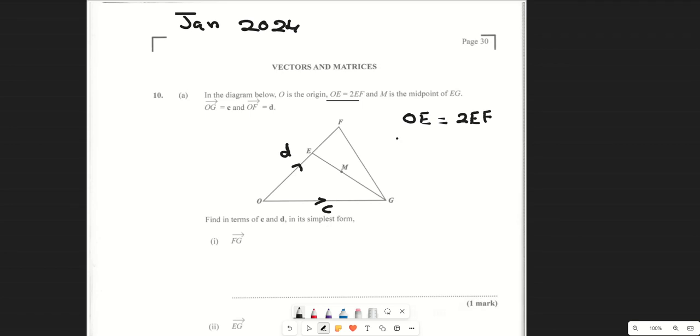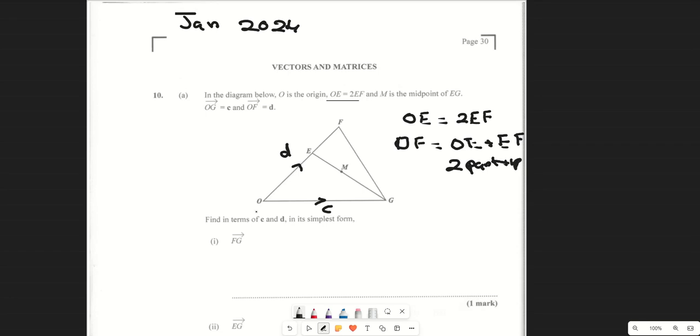So let's use the vectors. OF is from O to E plus E to F. Now, how many parts is OF? OE is 2 parts, EF is 1 part.